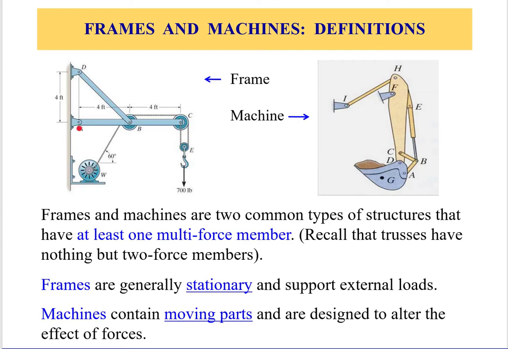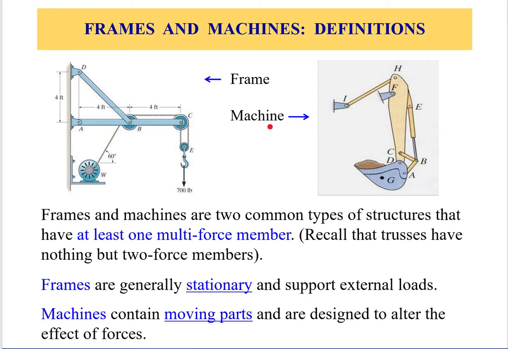It's just used to support external loads. As you can see, the motor is trying to pull an external force using this cable system, and so there is a tension in this cable that causes a reaction force at B and a reaction force at C. To solve this problem, we can no longer assume that beam AC is a truss member. It's a frame member and has multiple forces.